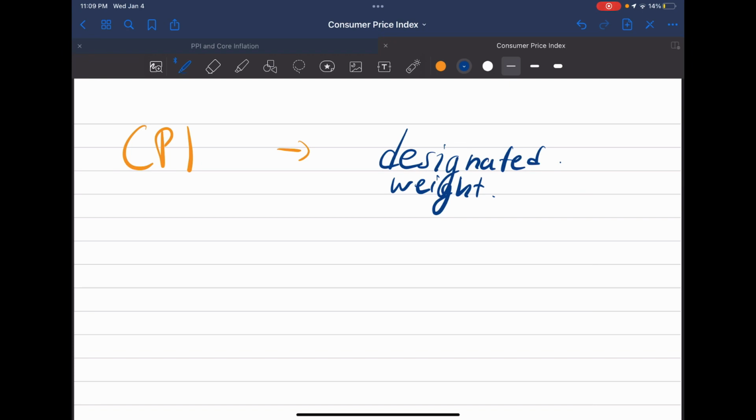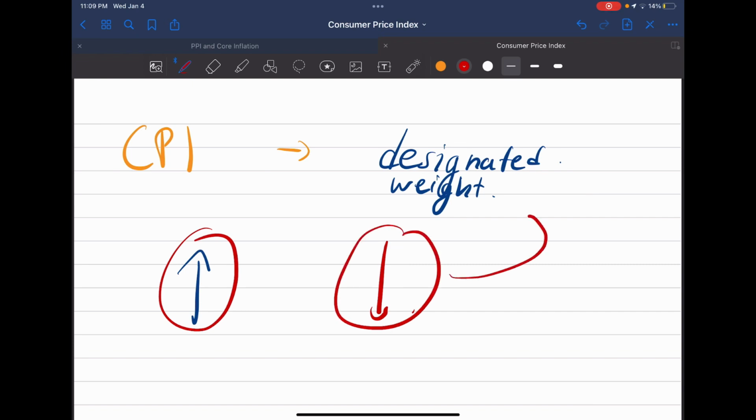Maybe some goods have a greater weight because people consume them more, so they have high relative importance. Other goods have less weight, so they have less importance. That's the key point. Each good and service has a designated weight.